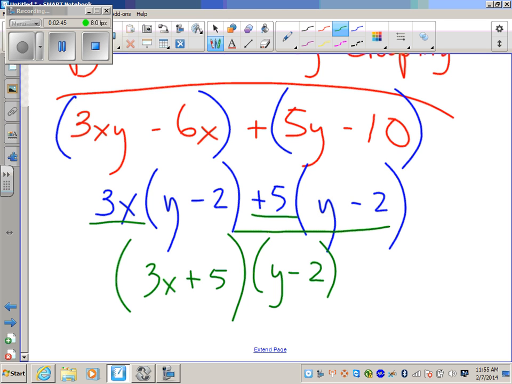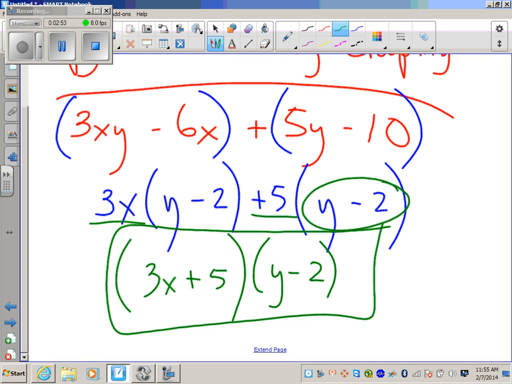And this is our answer. So one of the sets of parentheses will be what repeats itself, like this y minus 2. The other will be 3y combined with 3x. The GCF and the GCF.